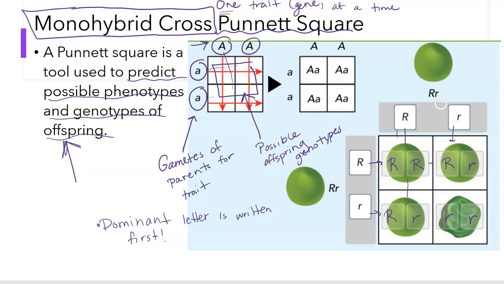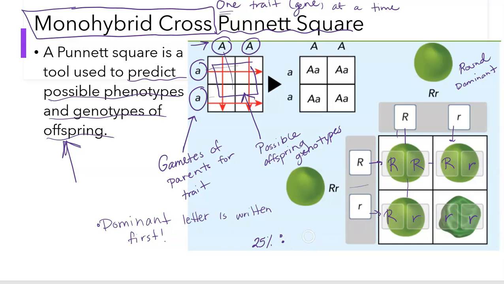So here we're talking about round versus wrinkled, so the seed shape. Round seeds are dominant to wrinkled. So for a cross between these two parents, their possible offspring could have one homozygous dominant, so 25%, or you can write it as 1 or 1/4. That is up to you. Remember our ratio, we write homozygous dominant first, then we write that possible heterozygous offspring. Here we have two possible heterozygous offspring.